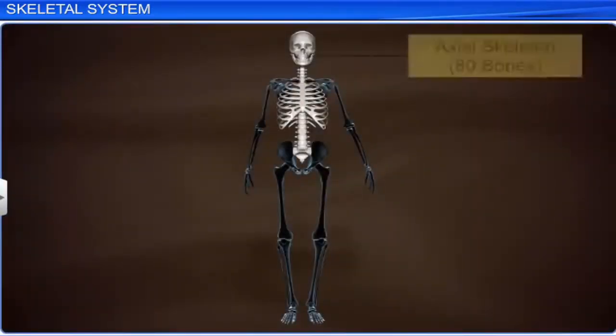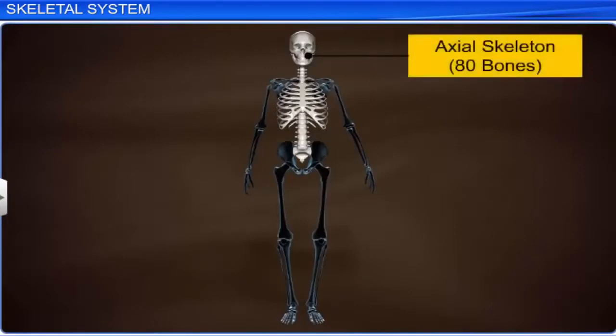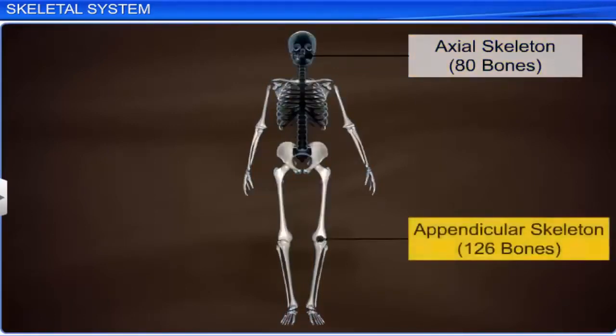Thus, the axial skeleton consists of 80 bones, including the skull, vertebral column, ribs, and sternum. The remaining 126 bones form the appendicular skeleton, which includes the bones of the limbs and their supporting girdles.